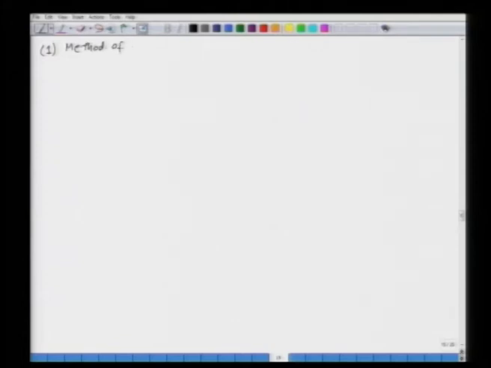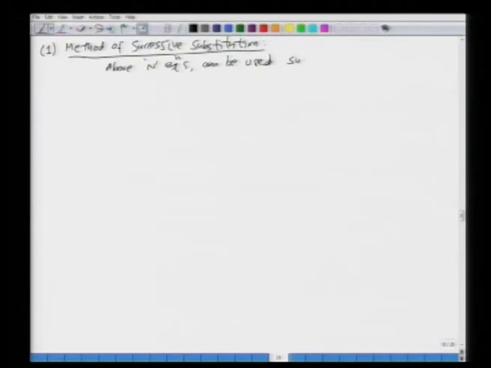Method of successive substitution. The above capital N number of equations which are given to us can be used successively.